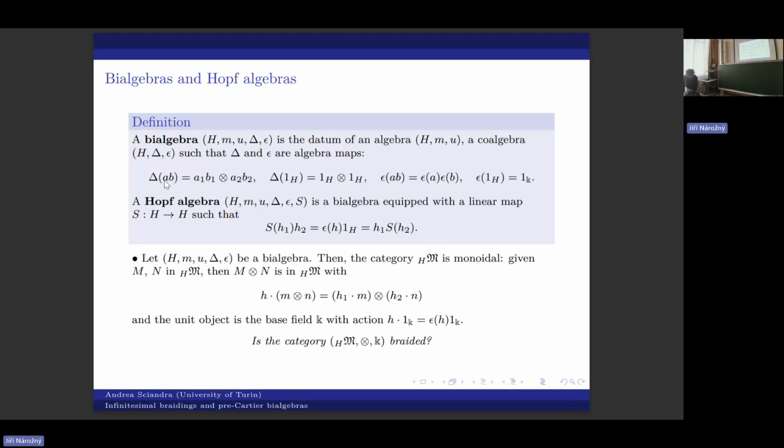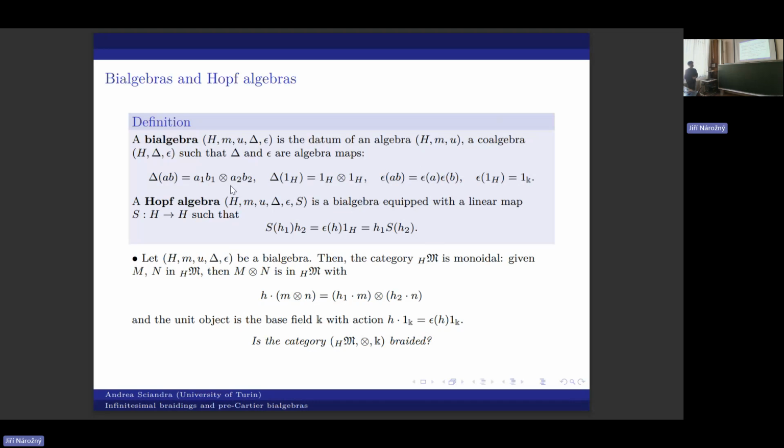For this one, with a1 and a2, we are using the Sweedler notation, which means just delta applied on a. And you can see that this tells you that delta on a product of two elements is the product of the deltas, a1, a2 and b1, b2. We flip in the middle and we use the two multiplications.